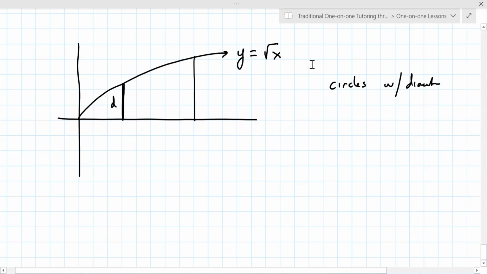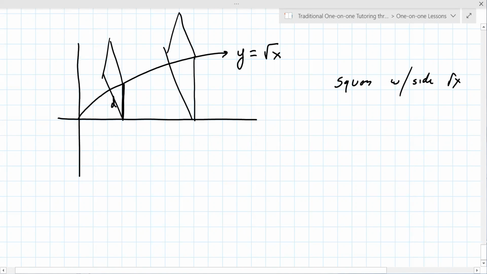Let's say they're squares with sides square root of x. So visually it's a square like that, and then there's another square like that, and anywhere in here there's a square.